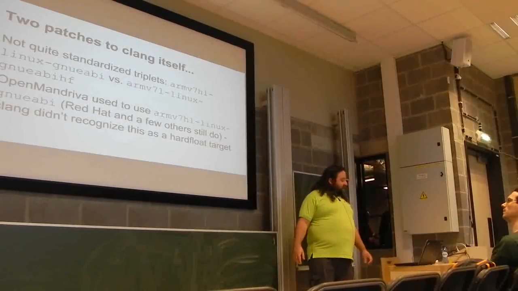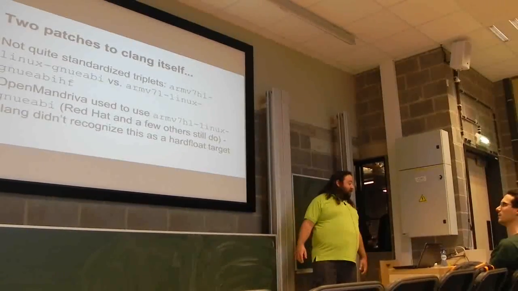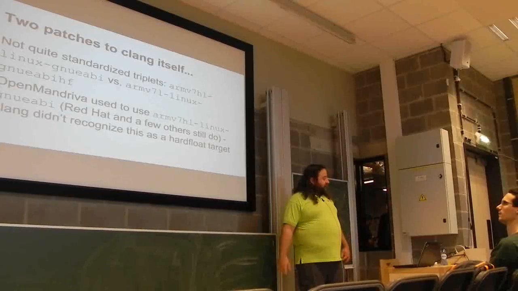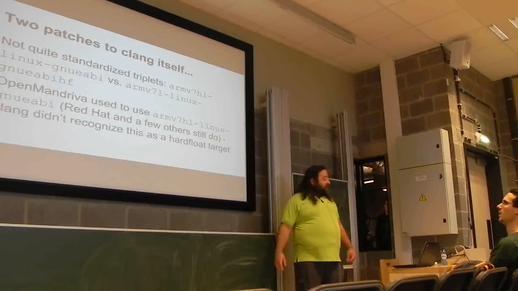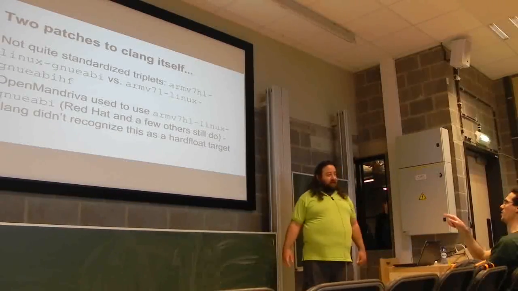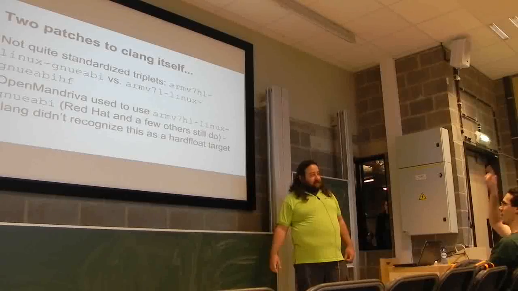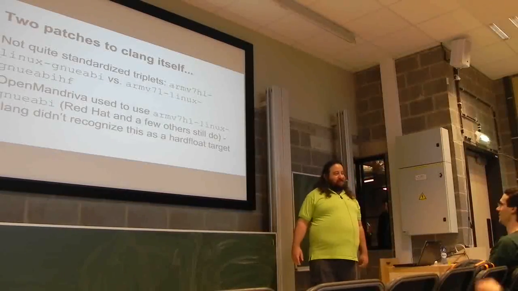So we got into a little trouble there with ABI conflicts, because we were using the armv7hl-linux-gnueabi variant. Oh yeah, and if you specify the ABI and then you say hard float, it changes internally for the ABI and then produces the gnueabihf variant.